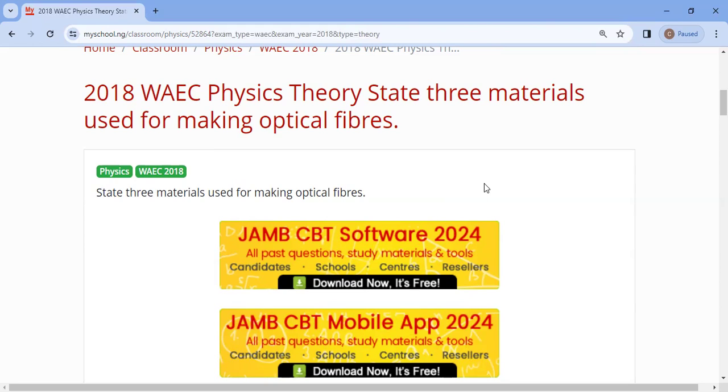So write it down. Advantages of optical fibers over copper cables. Number 1, optical fibers are cheaper.